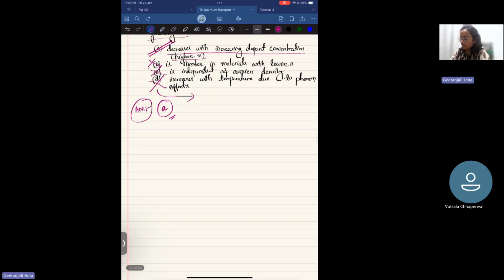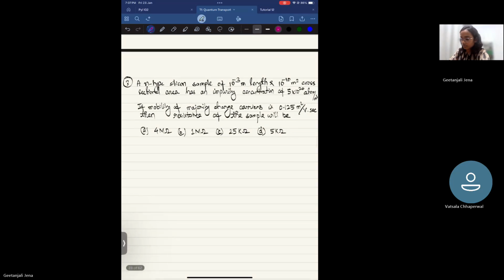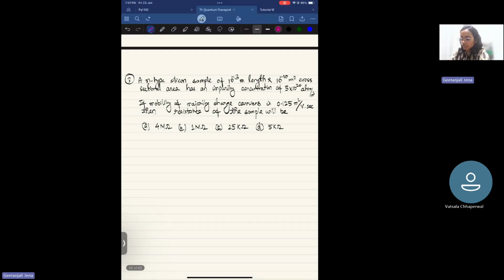Okay. Now let us move to our third question. The third question is an n-type silicon sample of 10 to the power minus 3 meter length and 10 to the power minus 10 meter square cross-sectional area. It has an impurity concentration of 5 into 10 to the power 20 atoms per meter cube.